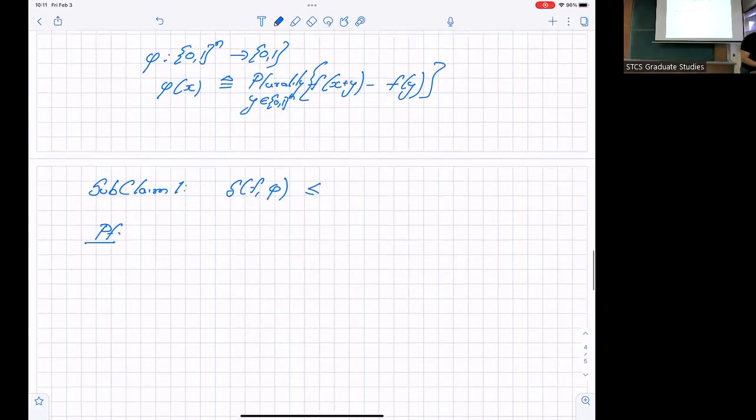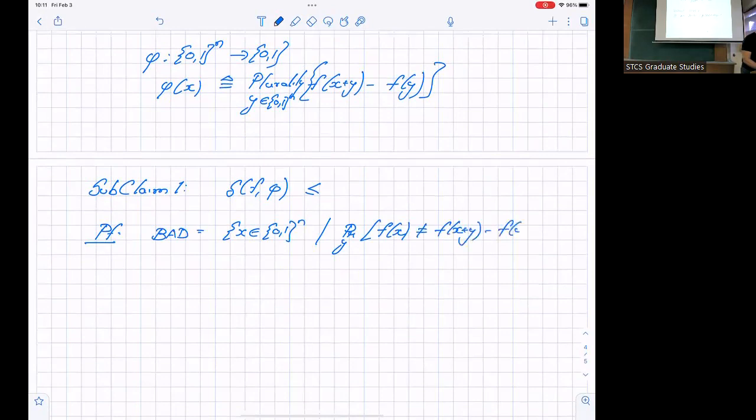So let's define a bad set of points x in {0,1}^n, those points such that the number of y's for which f of x is not equal to f of x plus y minus f of y is more than half.